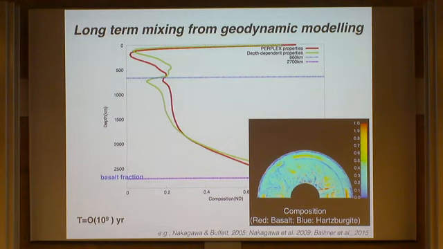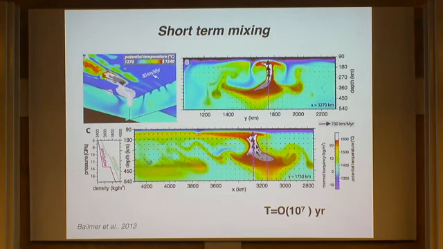So just to go back, if you remember in the beginning, this is the picture from some geodynamic calculations over a long time scale, and you can see it depends on the model. Sometimes they look at the average 1D profile and show some accumulation or increase of basalt fraction over the transition zone region. And of course, in this case, it's basically a short-term mixing.